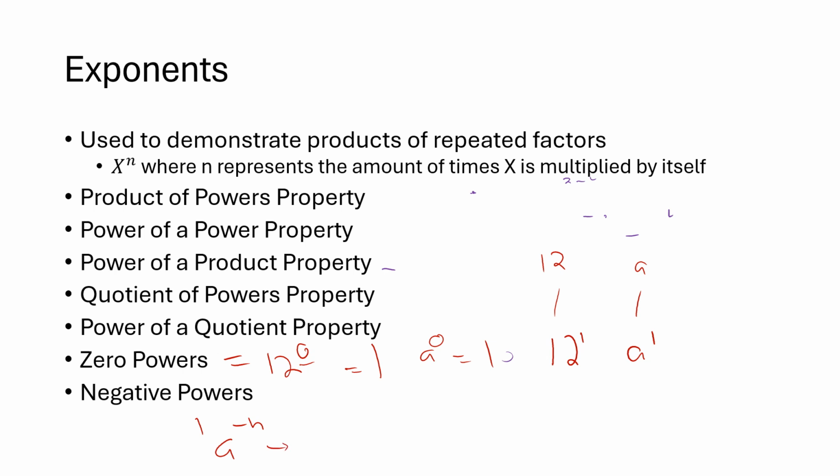So the reciprocal of a to the negative n is going to be 1 over a to the n. If I were to give you, let's say, a to the negative 4th, we find the reciprocal of that, which would give us 1 over a to the 4th, because we need to get that negative out of here.